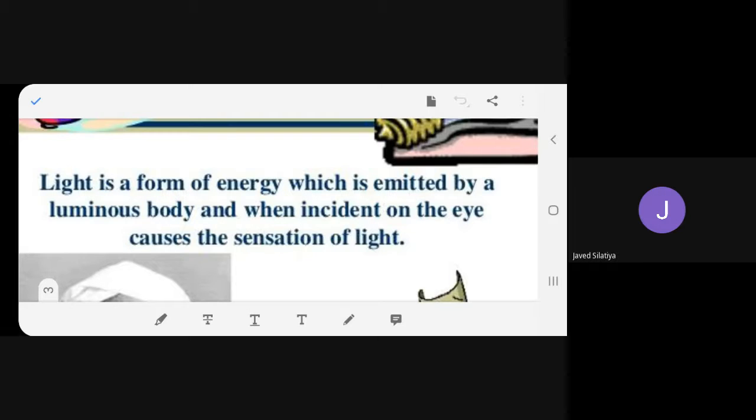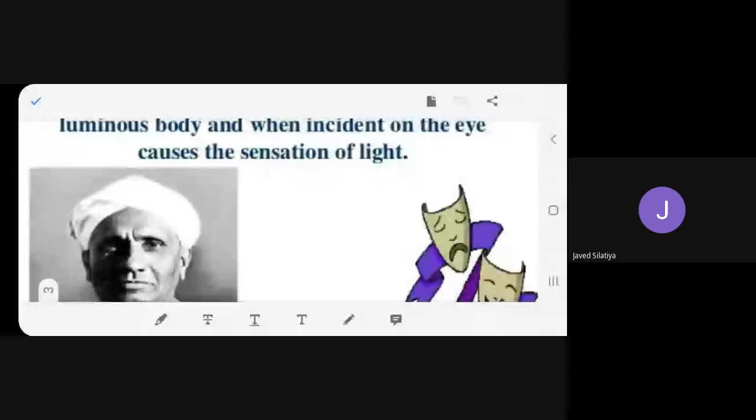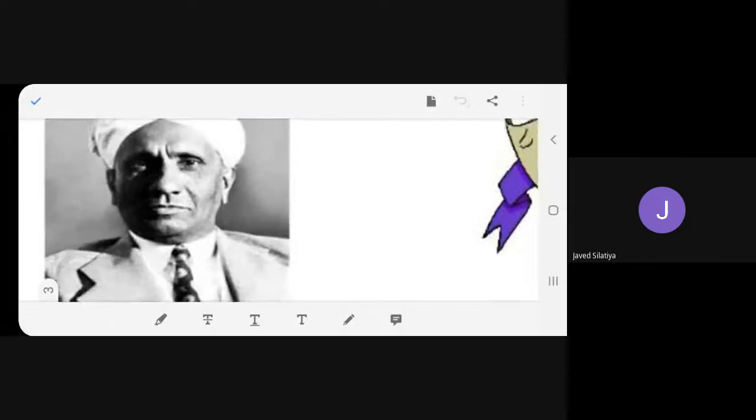The sun is shining, the bulb is shining, the tube lamp is shining, the LED is shining. So a body which can illuminate others is called a luminous body. And when it falls on the eye, what is the meaning of incident? It is a ray. Rays are falling on our eyes and give the sensation of light to be perceived by our eye, and that causes us to see. Okay?